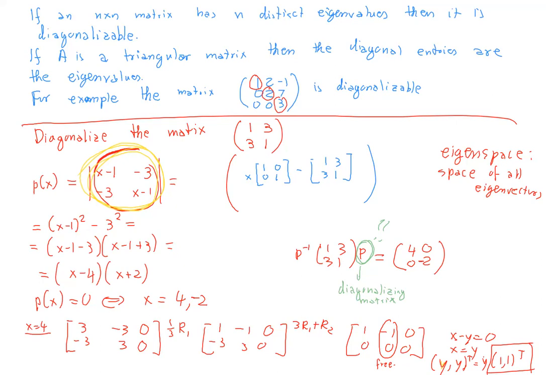That's great news. It really clears things up for us. So please do the same thing for X equals negative 2. I'll give you a couple of minutes and then we'll do it together.